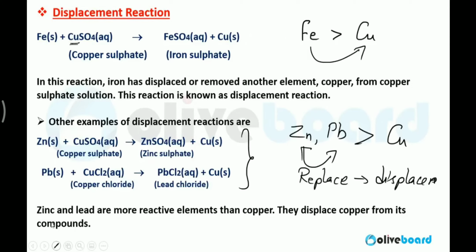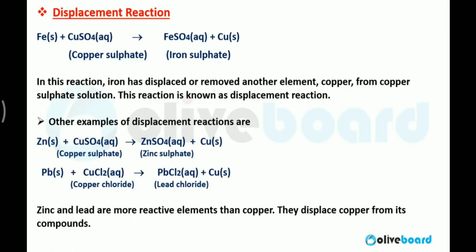Clear? And this kind of reaction is known as what? Displacement reaction. Here you can read, in this reaction iron has displaced or removed another element, copper, from the copper sulfate solution.